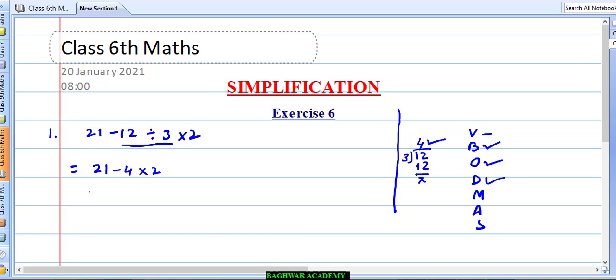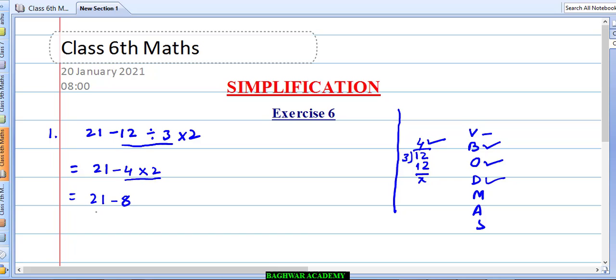Now again, which portion is required to be solved? This underline what I am making is not required to be done in your copy. For making you understand I am doing. So this portion is required to be solved. Now multiplication. So 4 twos are 8. So we will write 21 minus 8.